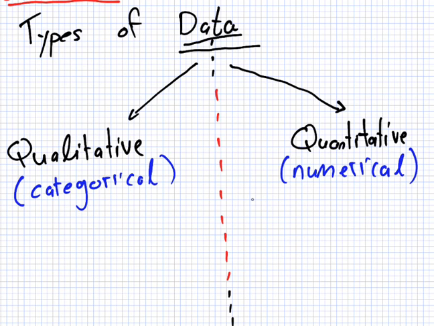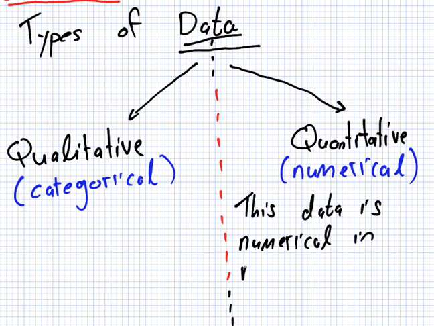So, the thing about quantitative, this data is numerical in nature. So firstly, the data is a number, but that's not quite enough for it to be quantitative.